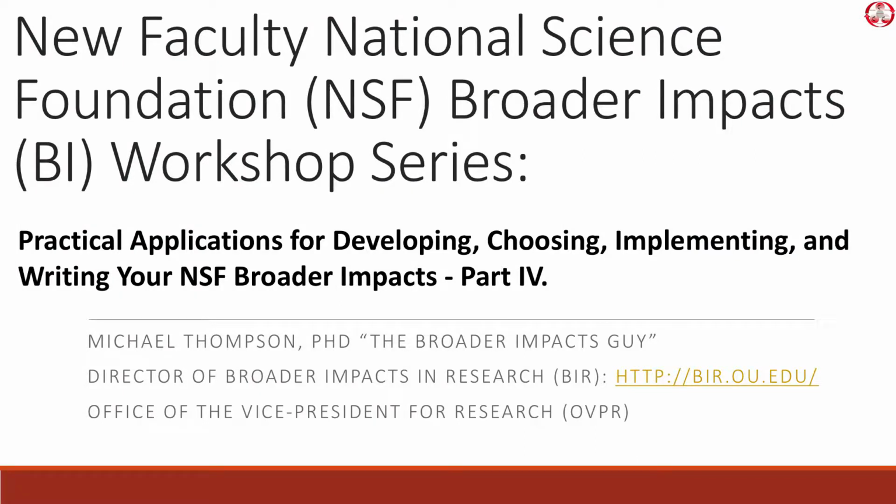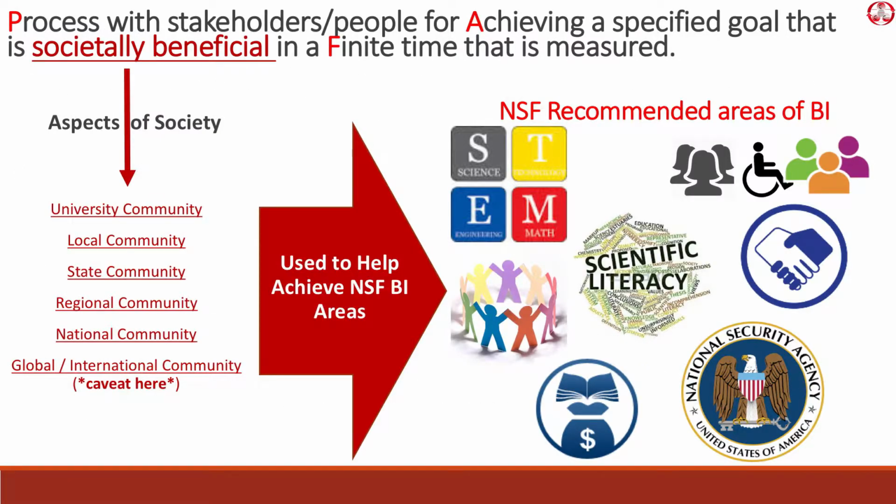Now, if we go back to that definition, a process with stakeholders or people for achieving a specified goal that is society beneficial in a finite time that's measured, there's several different aspects of society to consider. Because this becomes a question: if I'm going to have to deal with NSF broader impacts, what would be acceptable, what would not be acceptable, what can I do that would be a natural extension or something that's coming naturally from my research?